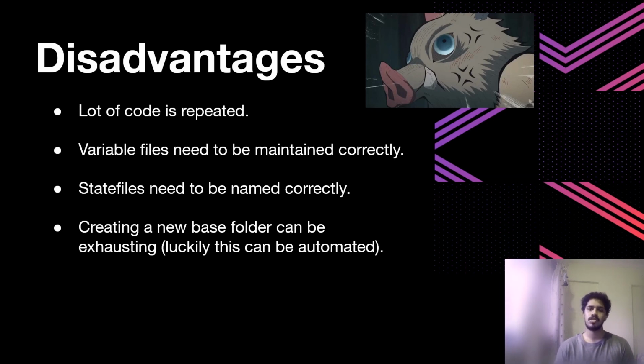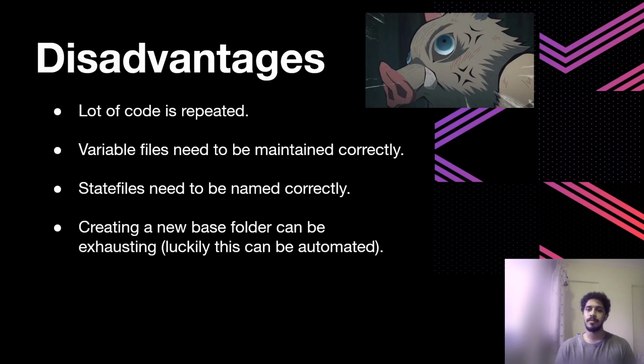So I would say this also has a lot of repeatable code, and you have to do terraform init on every folder that you create. You have to define a backend and remote data source. A lot of repetitive code can be there. Variable files appear, and you need to maintain them correctly. You need to make sure the environments and the folders in which they are all correct.